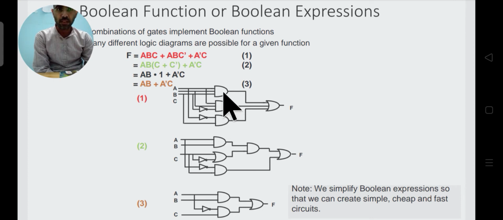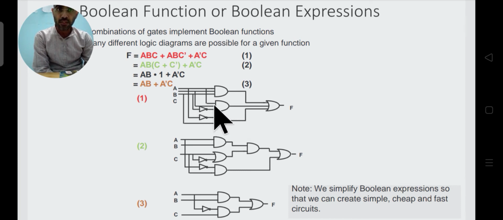It is nothing but this first gate. There is a 3 input gate, you can see that it is a 3 input gate, ABC. So this term you can implement with this gate. Then to implement this term, again you need a 3 input gate. You can see that the various inputs are A, coming from here, then the other input is B, coming from here.